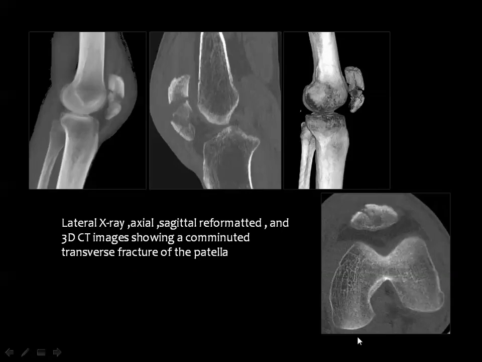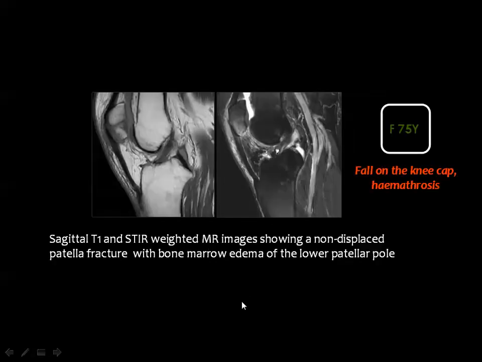And this is an example by plain X-ray and reconstructed CT images showing a comminuted fracture of the patella. You see the fragments in the sagittal and the 3D images.